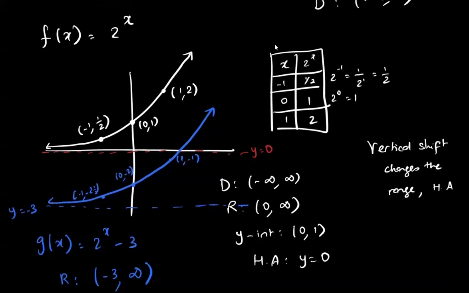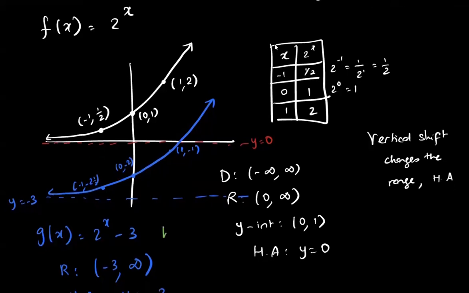You will notice that any kind of horizontal shift will not change the range or the domain or the horizontal asymptote, though of course it will change the y-intercept. So for example, if I want you to graph, let's say, h of x is 2 to the power of x plus 1, then what do I do?